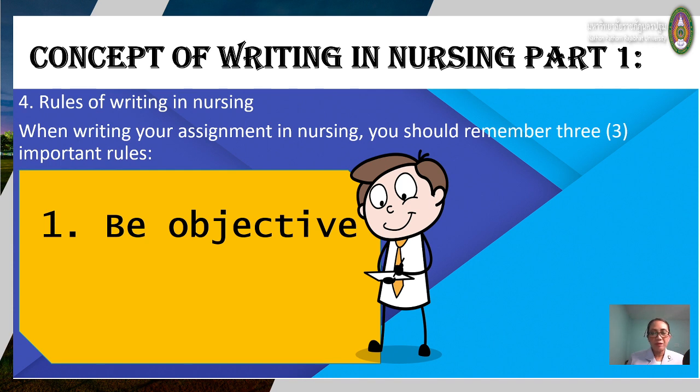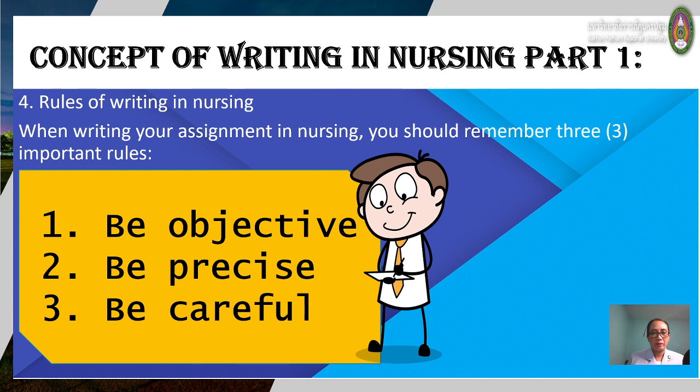So we have to be very objective, be precise, be accurate, and comprehensively write the essentials about the patient. Always be very careful, especially when you write complex nursing procedures or procedures that are not very common or seldom done in the hospital.